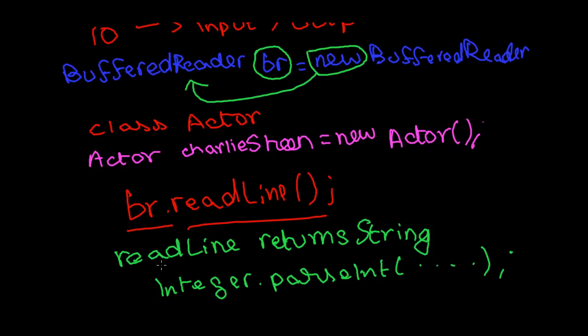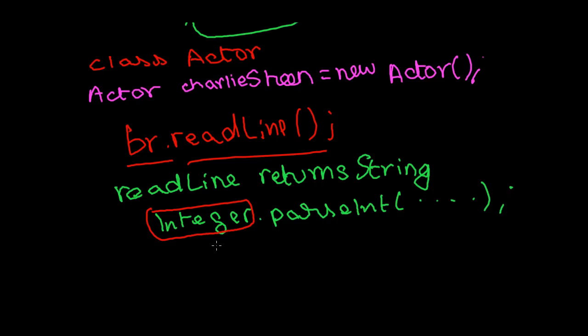So what Integer means is, Integer is a wrapper class. It wraps up a primitive data type. A primitive data type, you remember, int, char, etc. So this wraps up this data type.